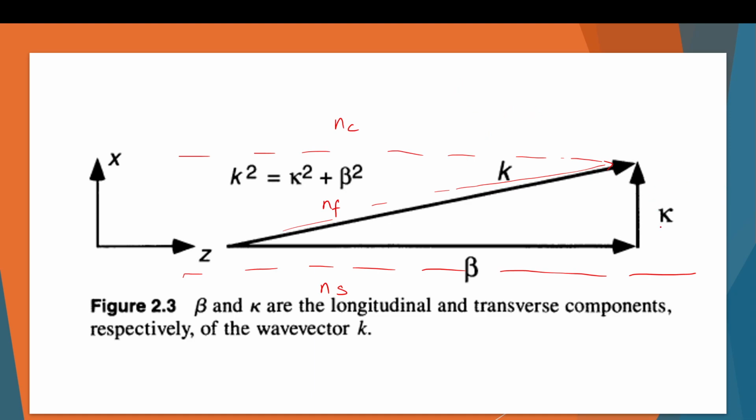And the kappa vector will be the transverse component. So beta is called the longitudinal component, the component that gives us the periodicity along z, and kappa is called the transverse component.